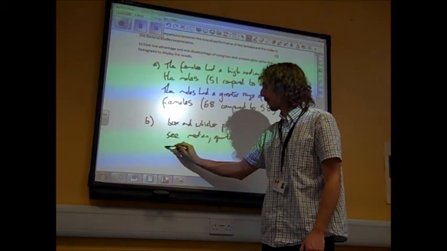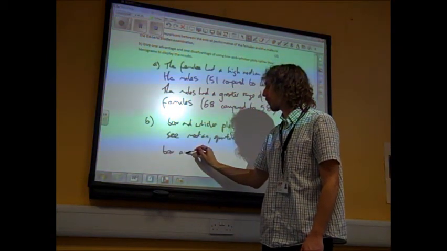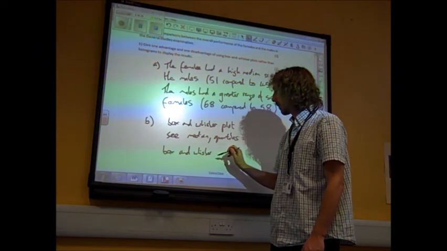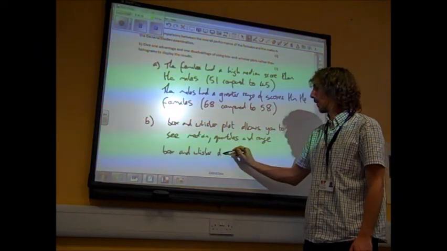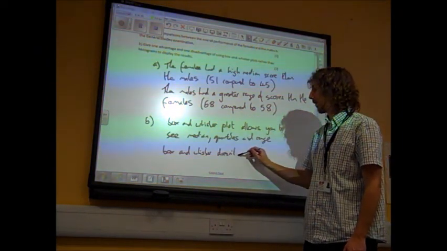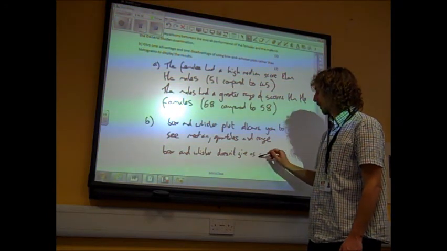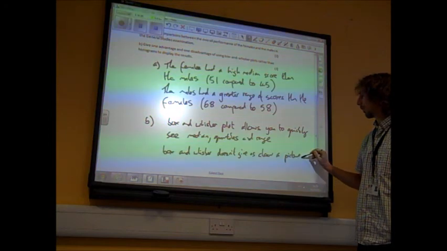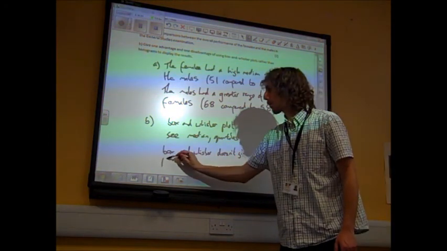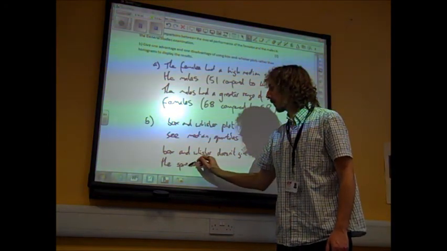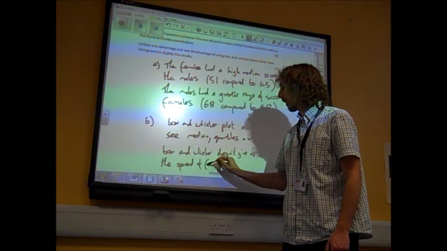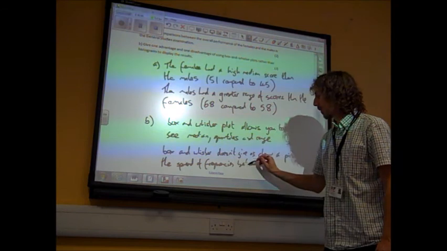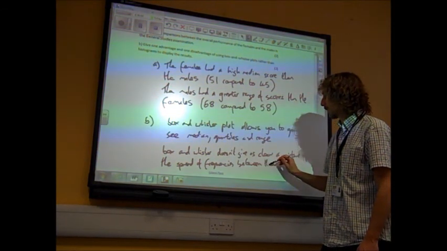So the box and whisker plot gives an idea of the spread of the data, the spread of the frequencies between the quartiles.